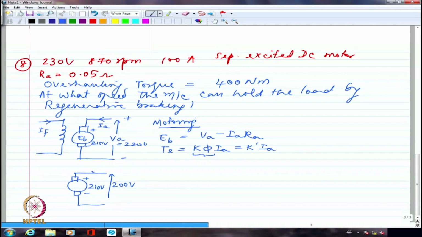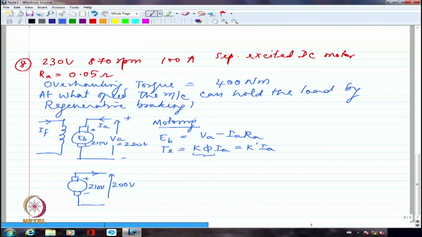So I am going to have this to be still 210 volts with plus here and minus here. So what will happen is the current will start flowing in the opposite direction. If the current starts flowing in the opposite direction, if there is a battery, that battery is going to get charged. So I am essentially using the kinetic energy stored in my inertia, in my rotational system, that is being converted into electrical energy, and that is being fed back to the battery or the source.